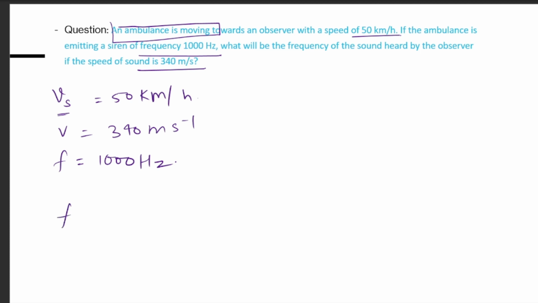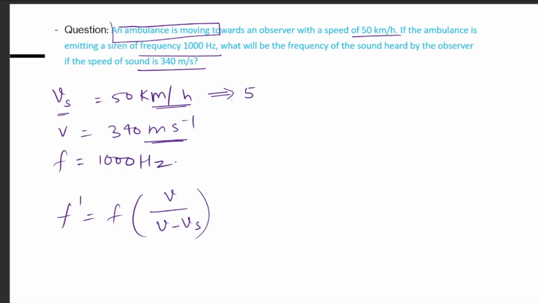We can use the formula when the source is moving towards the observer, that is, f dash is equal to f v by v minus vs. Now I can directly substitute the values and get some answer, but it would not be the correct answer because the units are different. This one is in meter per second, this one is in kilometer per hour.